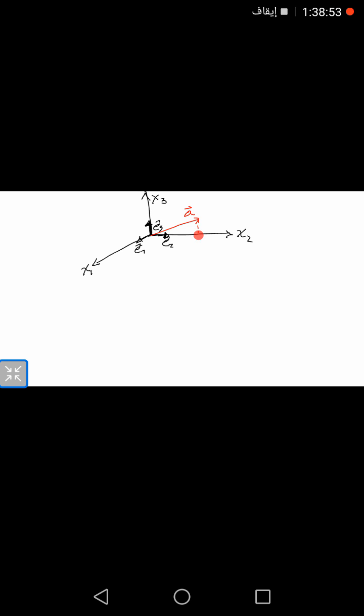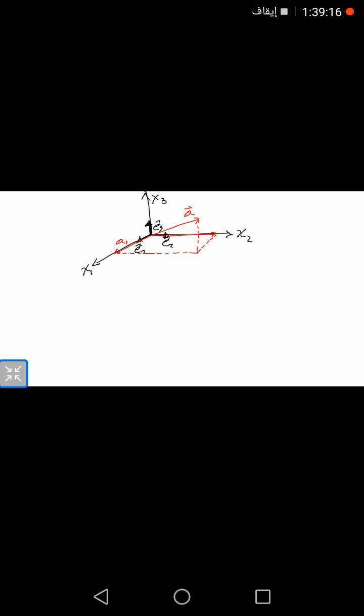And we have the first component in this direction. So this is A1 modulus.